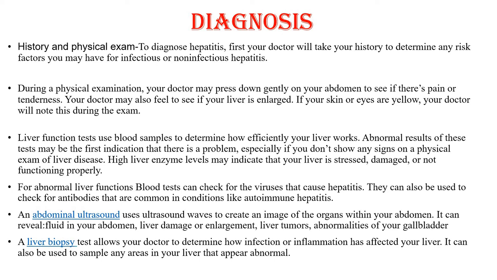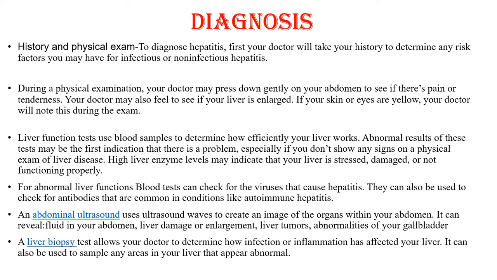The liver function test is the next diagnostic test, which uses blood samples to determine how efficiently your liver is working. An abnormal result of this test may be the first indication that there is a problem, especially if you don't show any sign of liver disease on physical examination.